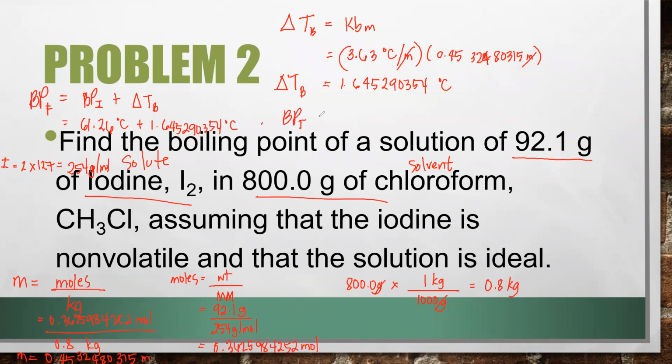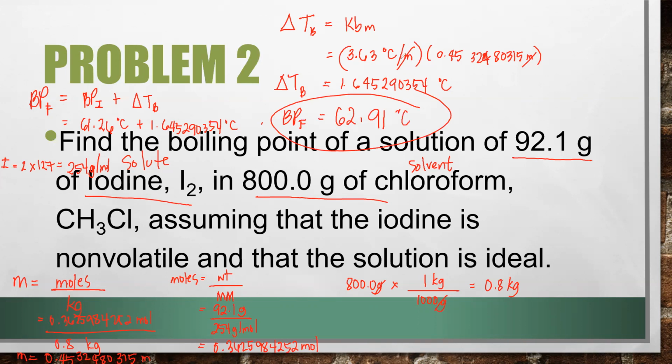So the boiling point of our solution now is, wait lang, 62.91. Let's just round it off to 2 decimal places. 62.91 degrees Celsius. So this is now the new boiling point.